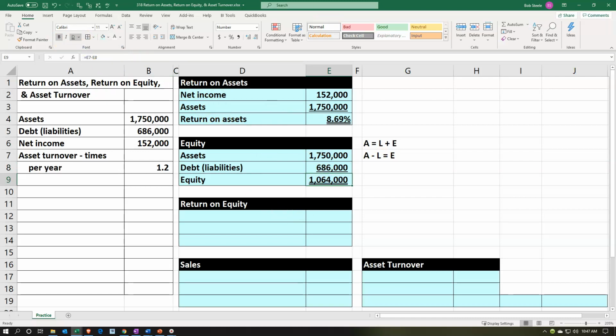Okay, so then we've got the return on equity. So now that we have equity, we can calculate the return on equity. Now, what is equity? Equity is going to be, once again, assets minus liabilities equals equity, or in terms of the accounting equation, assets equal liabilities plus equity. Assets is what the company has. The third-party claims are represented by the liabilities, and then the equity claims represent the owner's claim to the assets of the company.